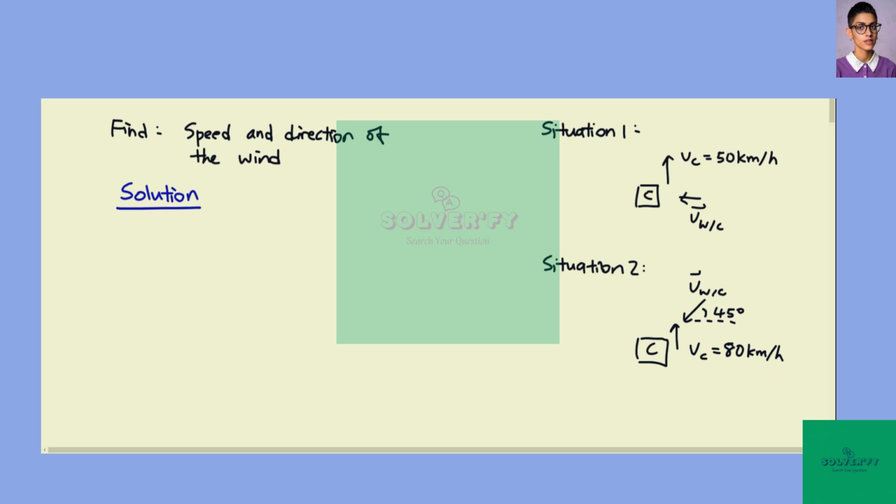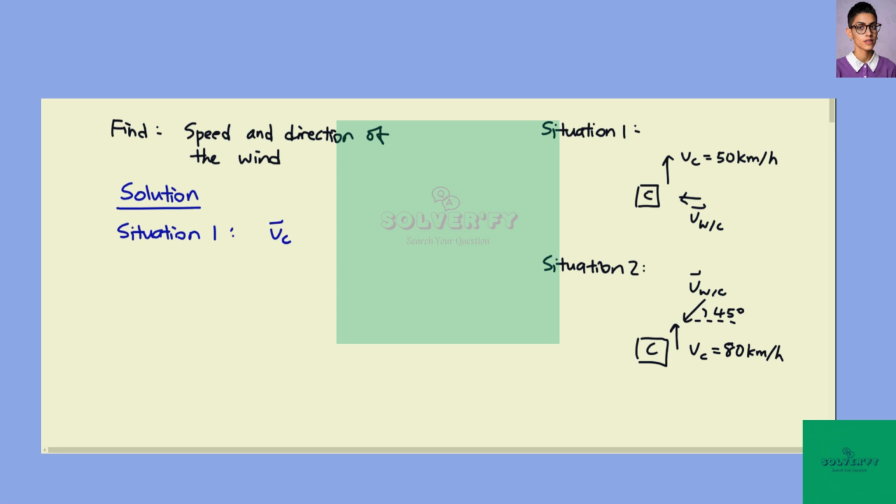It's always good to write down the velocities in vector form because we can apply the definition easily. Situation one.